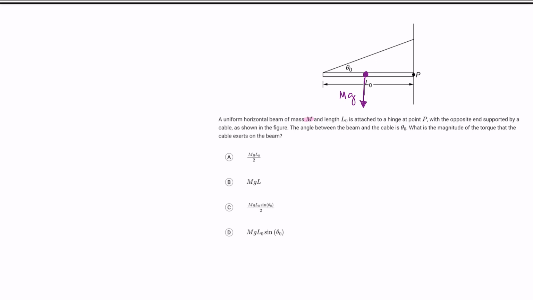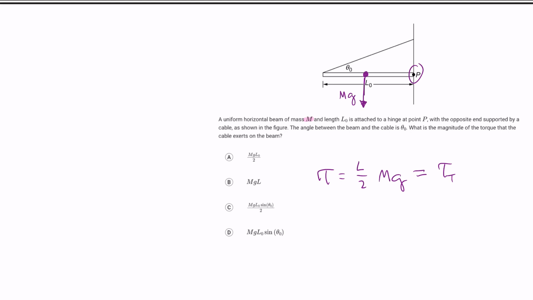Now, gravity is already working perpendicular to our lever arm, so all we have to do is multiply that by the distance from the axis of rotation, which is P. The distance from that axis of rotation is L over 2, because it's half the distance from the edge of the bar. So then I can say that the torque being generated by gravity is just equal to L over 2 capital Mg. And that should be equal to the torque that's generated by tension in the cable.